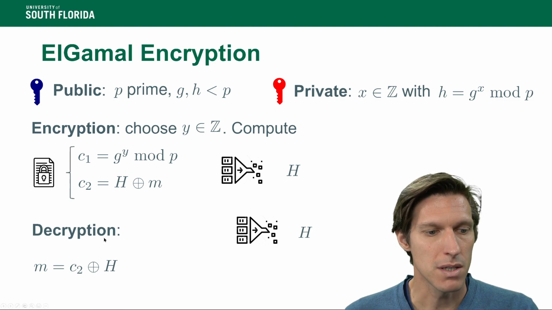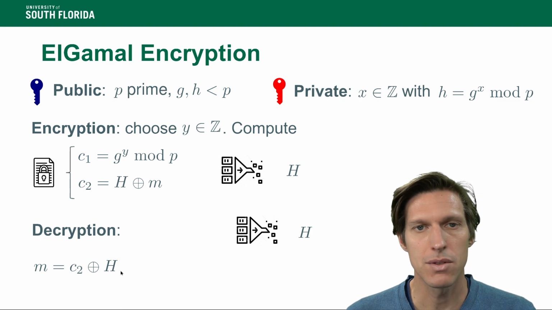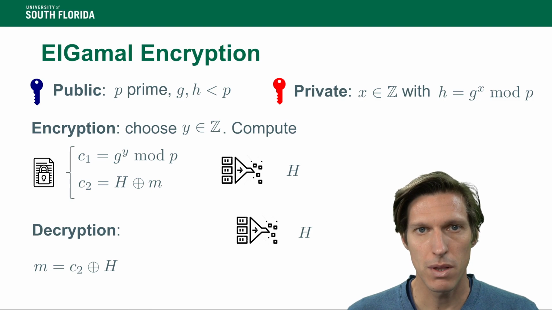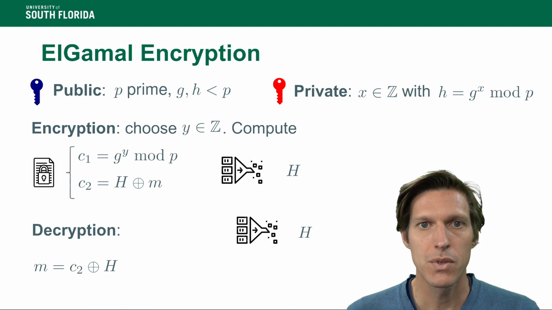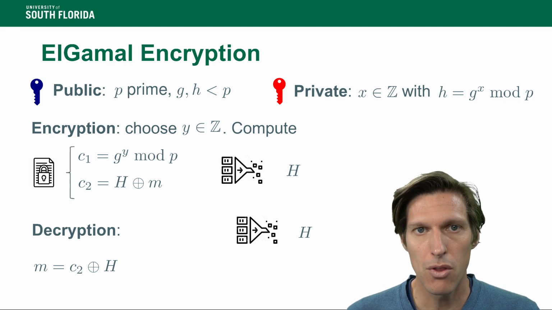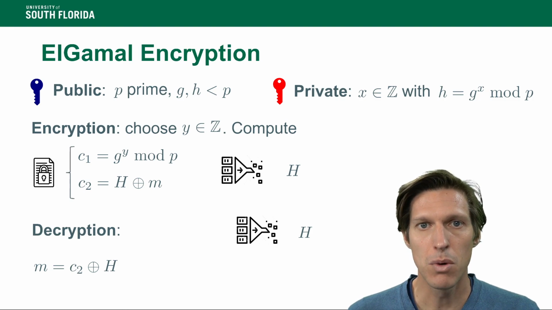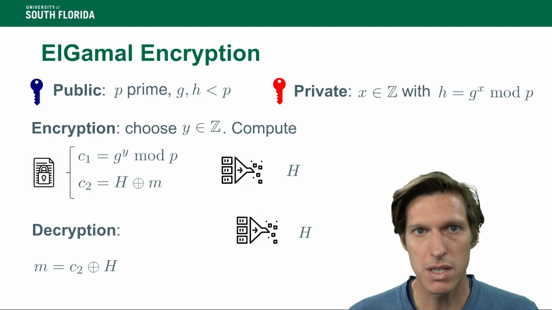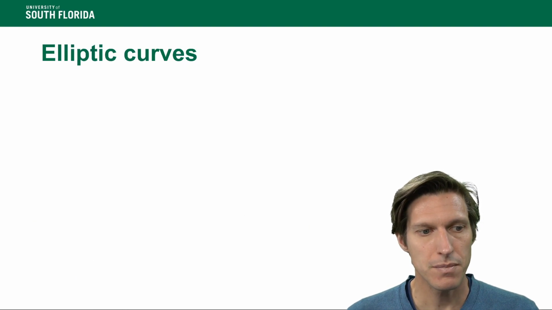So what it means is you retrieve m as C2 XOR h, okay? So that gives you the way to use the discrete log problem also to provide public key encryption, although RSA is definitely the most popular public key encryption scheme as of now.